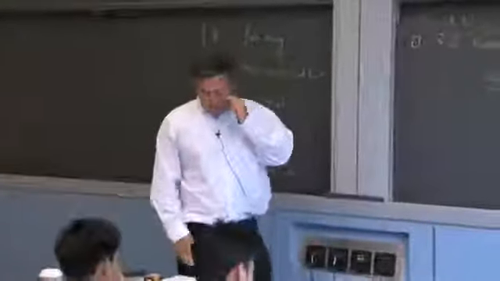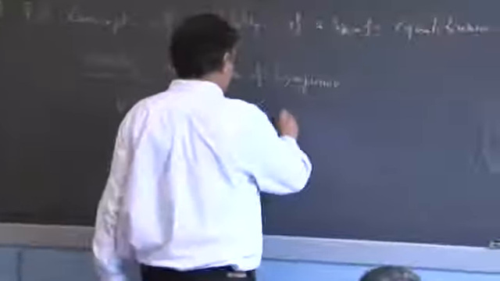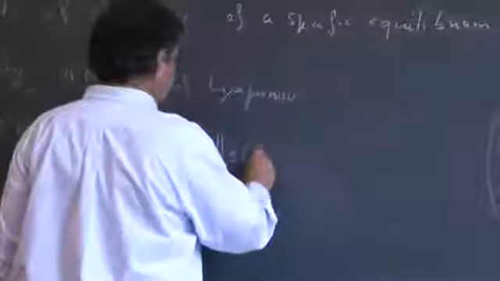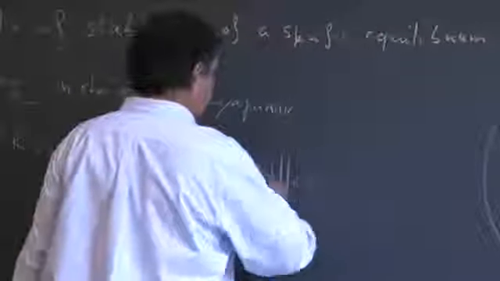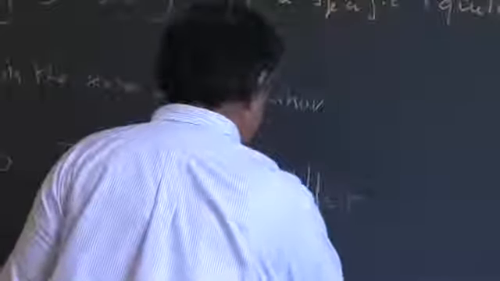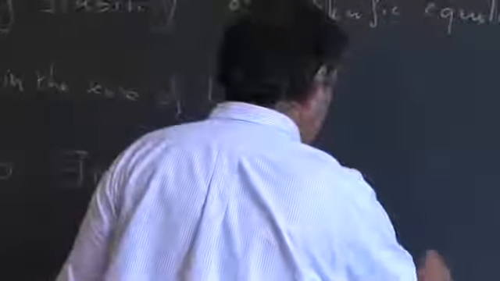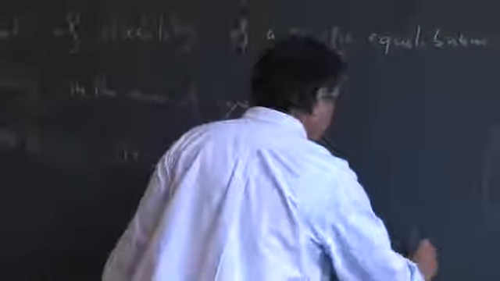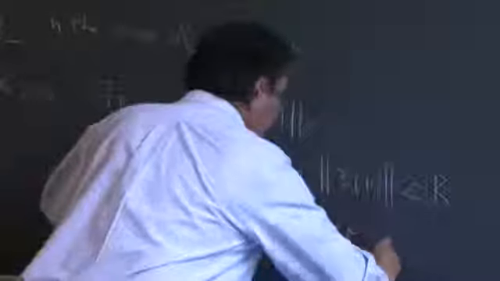So there exists a small r such that if x at time t equals 0 is less than small r, then x at time t remains less than big R for all future time, meaning for any t.